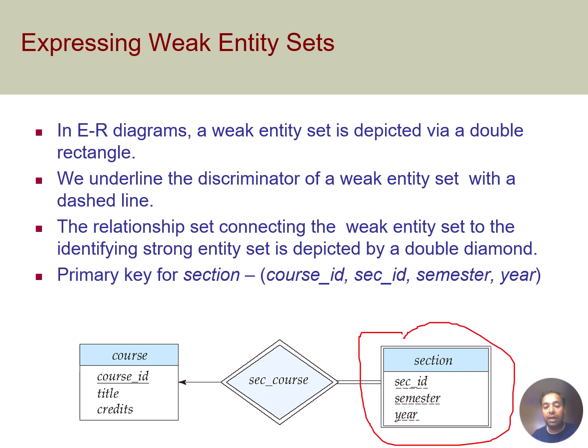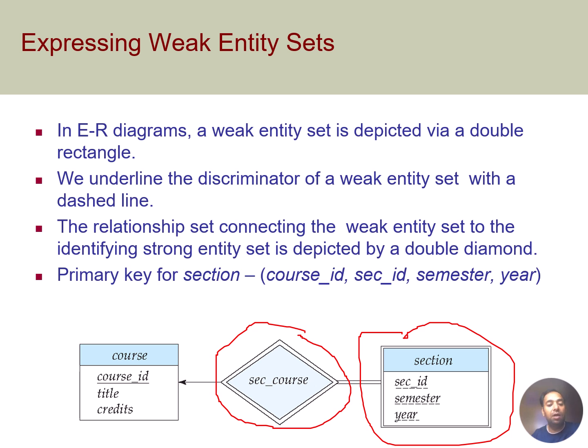The identifying relationship is shown with a double diamond, like this one. Inside the weak entity, the distinguishing attribute is underlined with a dashed line. The combination of this attribute and the key from the strong entity makes a unique ID.